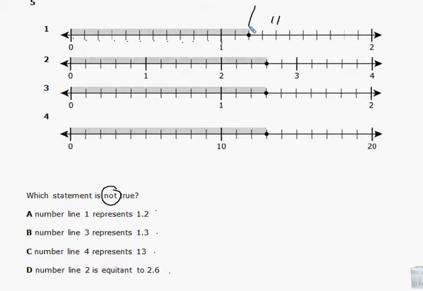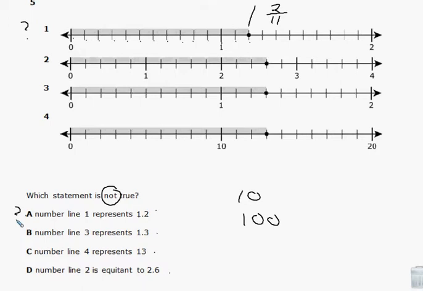If I have a denominator of 10 or a denominator of 100, it's easy to make a decimal out of it. But this one, I really can't make a decimal out of it. I'll make a fraction though. 1, 2. So that's 1 and 2/11. So I'm pretty sure that number line number 1, A, is not 1 and 2/10. It's 1 and 2/11. So I'm thinking that's probably going to be our correct answer right there.